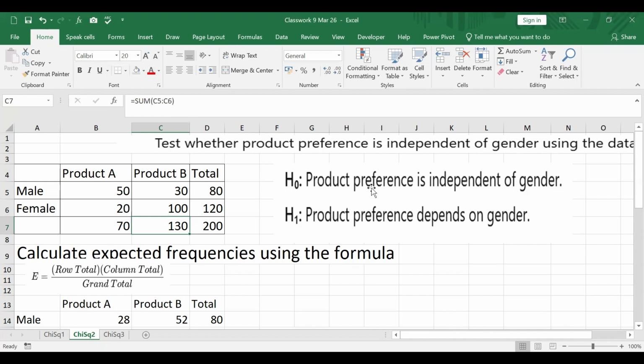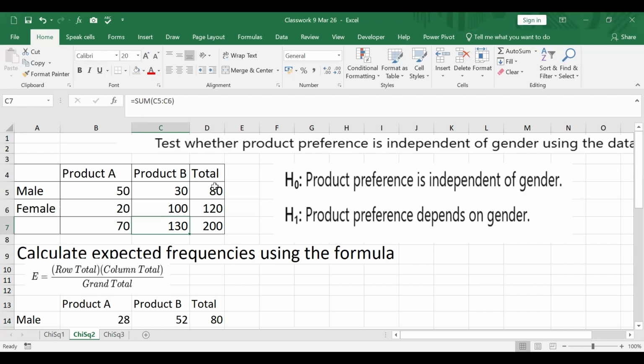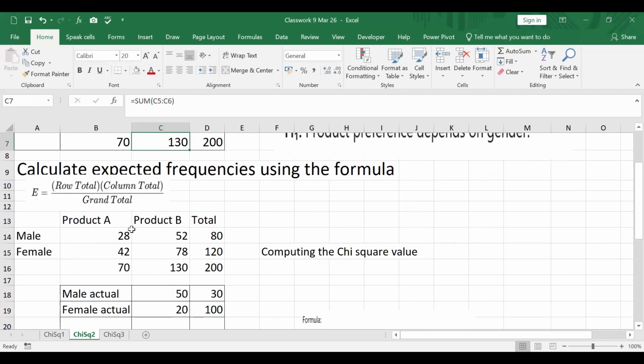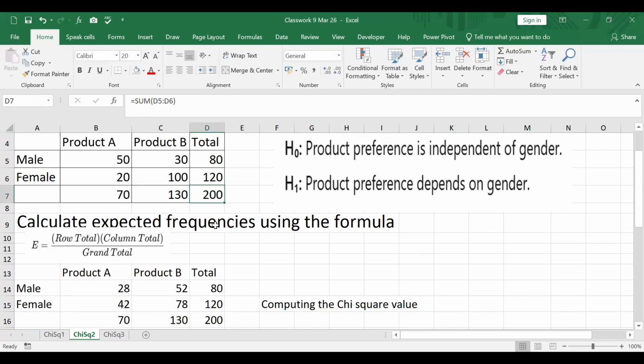Now H0 is product preference is independent of gender. H1 or HA, the alternate hypothesis: product preference depends on the gender. Now here you have to calculate the expected frequencies. For that, the formula to get 28 is 80 into 70 by 200.